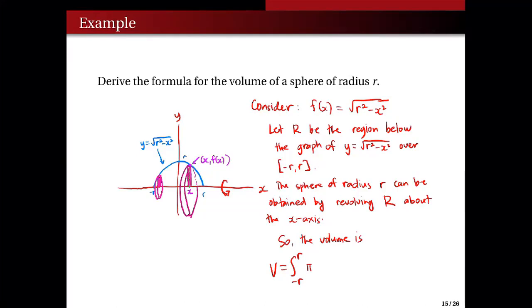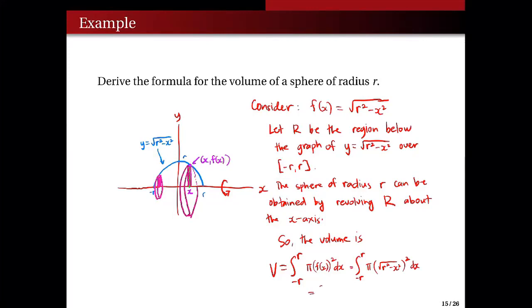Let me write that. Integral of pi times f of x quantity squared dx. But f of x is this guy here. So integral from negative r to r of pi times square root of r squared minus x squared, squared dx.